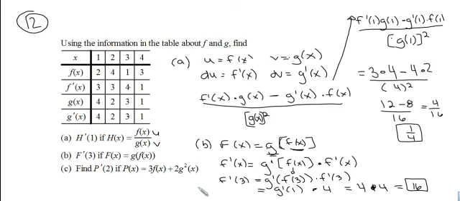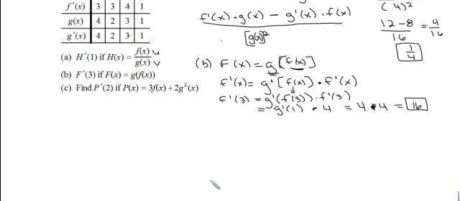Okay, so C is find the derivative. So before I do this, I'm going to rewrite it as 3f of x plus 2 g of x squared, because that shows me that I have to use the chain rule there.